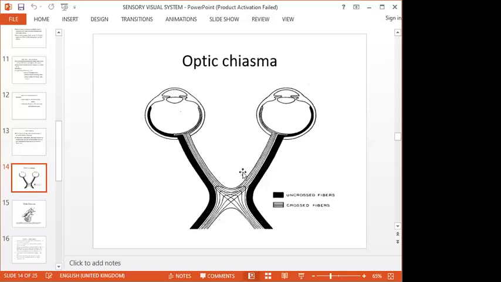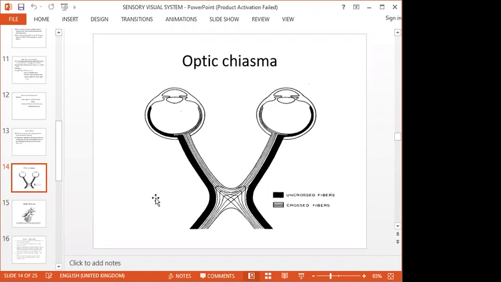There is the temporal ipsilateral joined together with the nasal contralateral to make the optic tract. So if there is a lesion here, there will be no vision in that locality. That's how it works out.